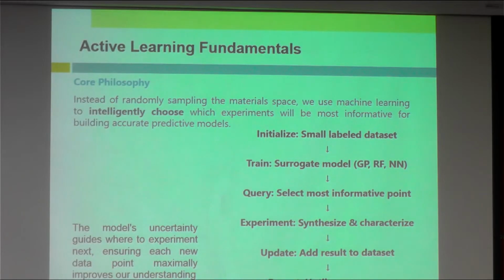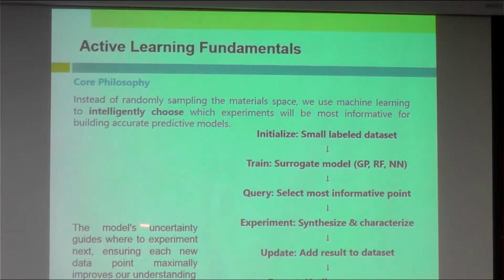So within the information required for the materials, we might go into a more informative point or specific scope of information that actually will be benefit for the prediction. And experiment, synthesize and characterize of the materials, then update add result to a data set, then repeat until a convergent, until we get the property as intended or what we want.